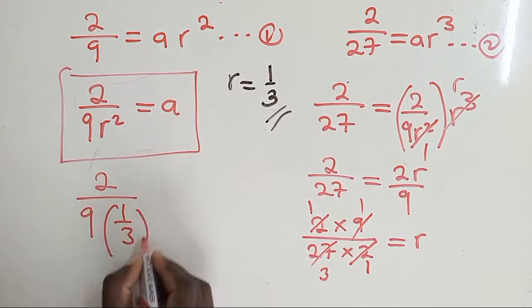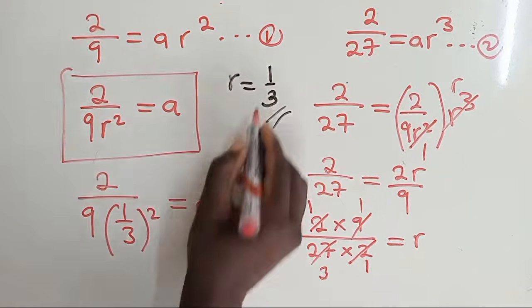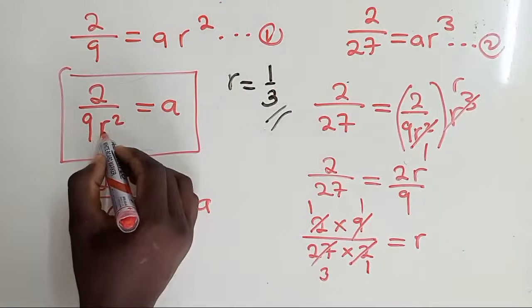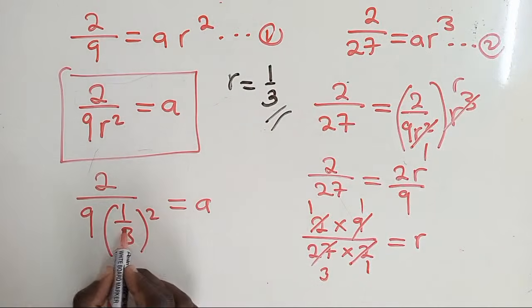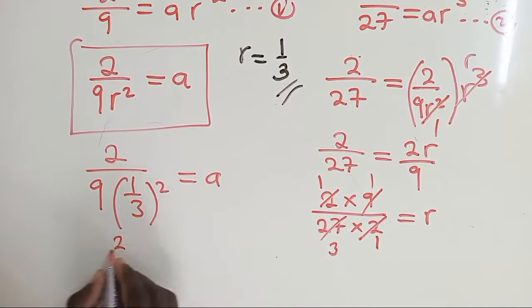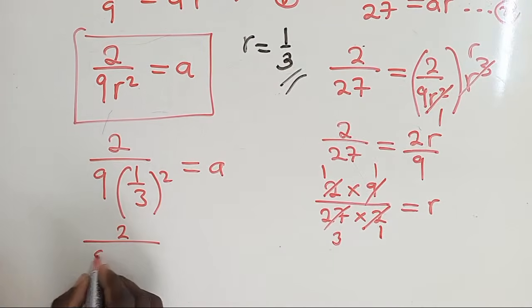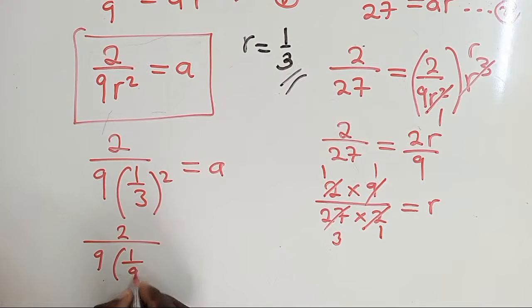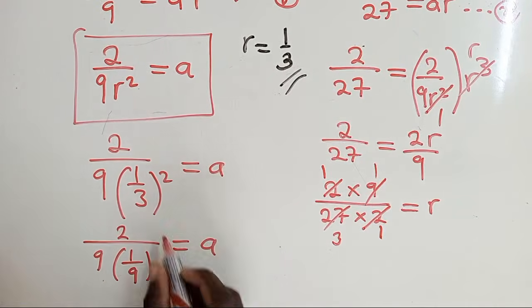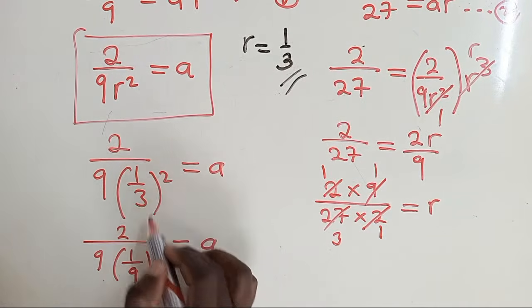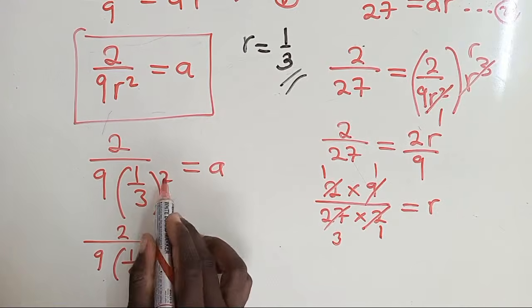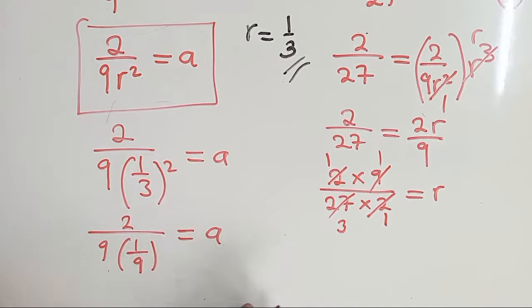It's a matter of substituting. So you see our r is 1 over 3. Put it where r squared is. So you shall have 1 over 3 squared. And when you simplify, you will definitely get 1 over 9, which is equal to a, because 1 to the power 2 is 1, 3 to the power 2 is 9. So this is what you get.